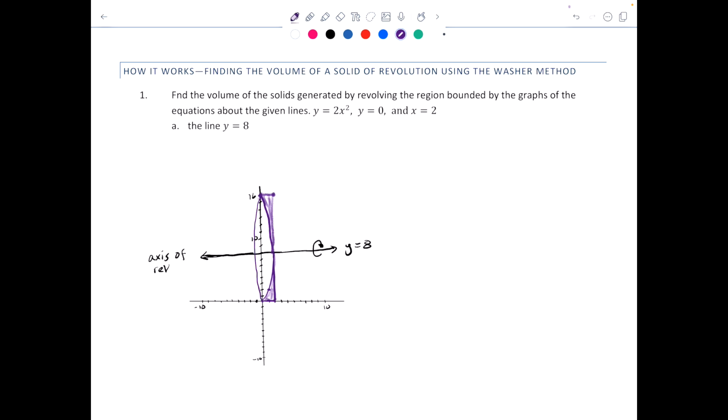All right, so you'd have something along these lines, maybe a little shading in here. And then let's figure out what we got, okay?